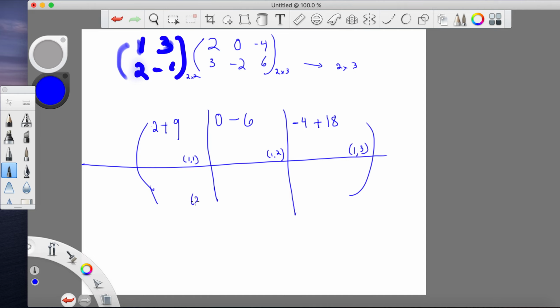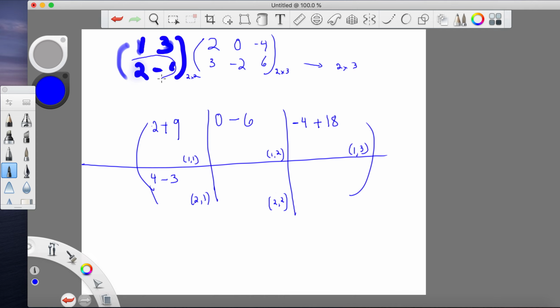Okay, so next I'm going to find the 2, 1 element. So the 2, 1 element, I pick the second row of the first matrix and the first column of the second matrix, and I'm going to multiply them. So I get 4 minus 3. Next, I want the 2, 2 element.